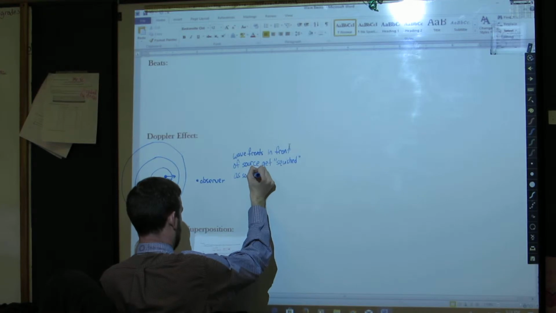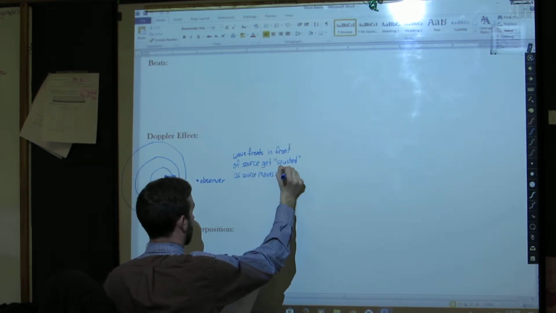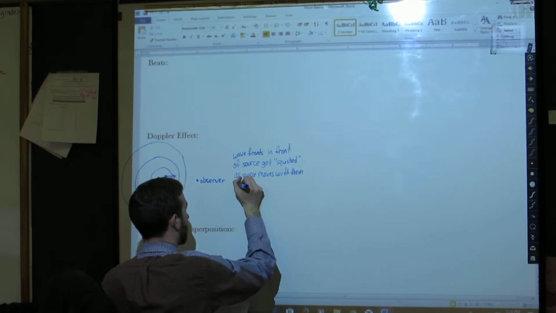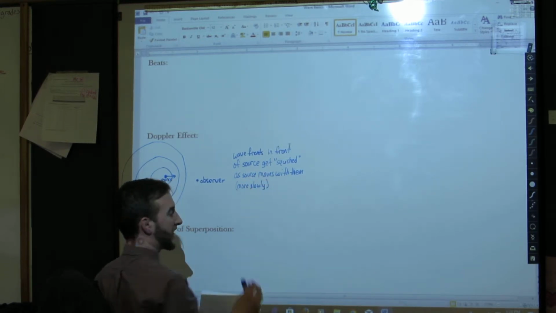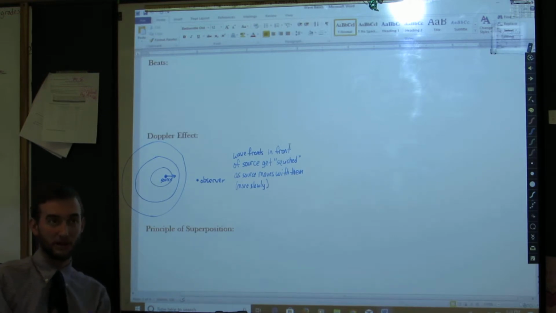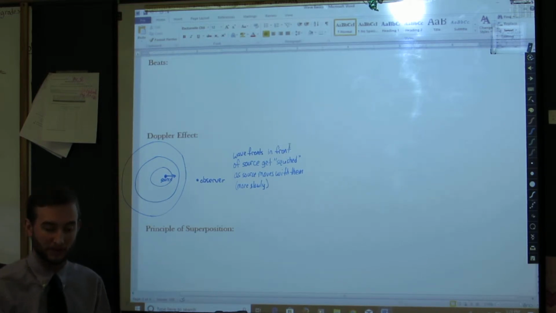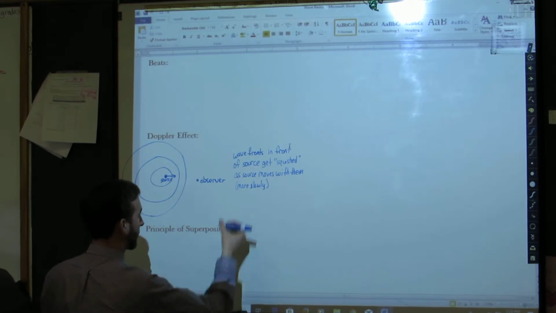As the source moves with them, the source moves with them, and in the example that we gave, the source moved with them more slower than normal. This actually works up until and including past when the source actually moves faster than the wavelengths. We just call that traveling at or beyond the speed of sound. That's what that is.